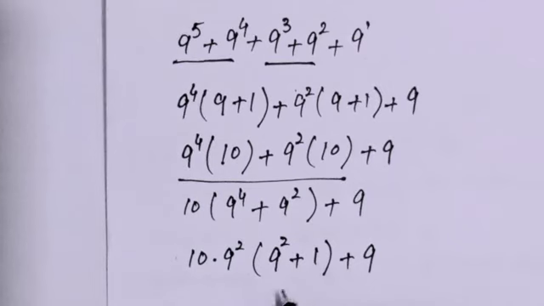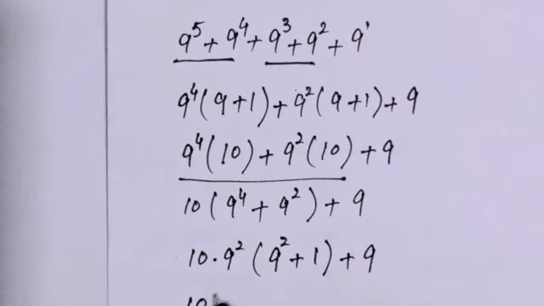So next, I can write this as, because I know that 9 to the power 2 is 81, 81 plus 1 plus 9.